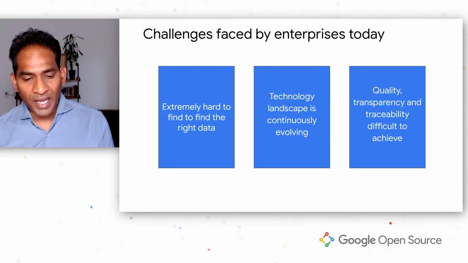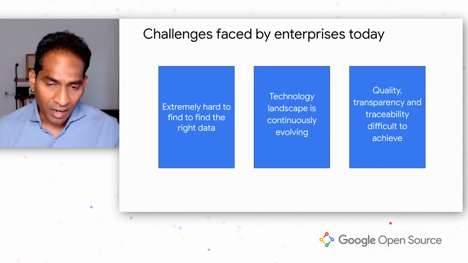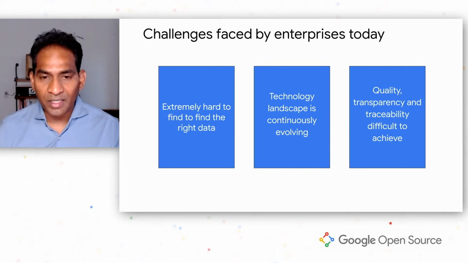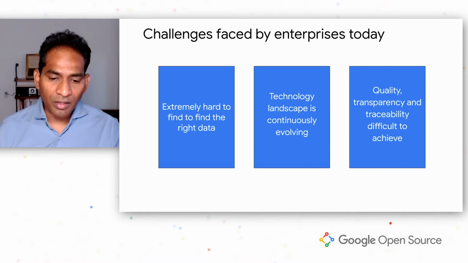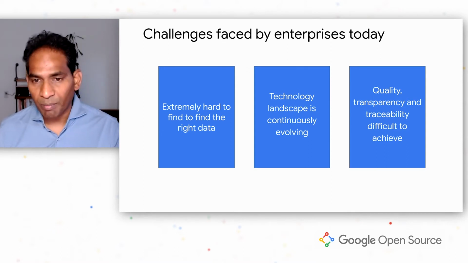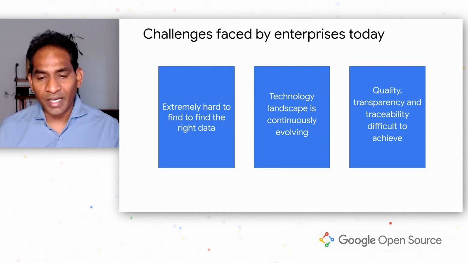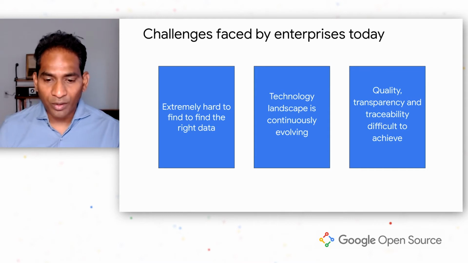The second challenge is that the technology landscape is always evolving, so it's never stagnant. For example, you can go back and look at the mainframe days. There are still companies running their primary business on mainframes. Then we saw the evolution of databases, data warehouses, data warehouse appliances, big data systems, and now another wave of cloud native data management systems.